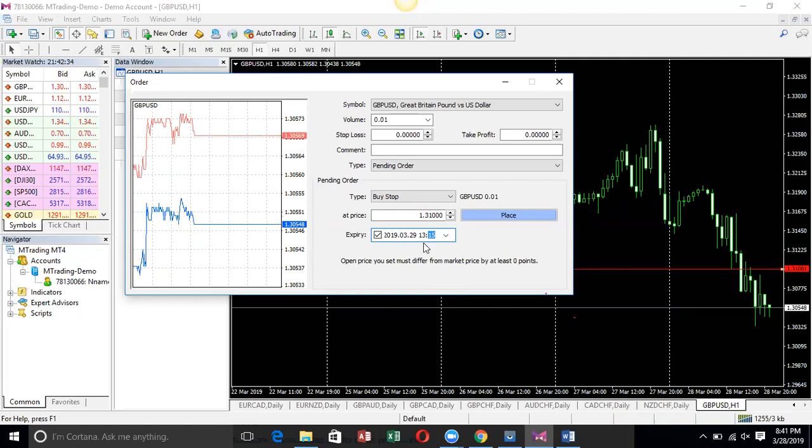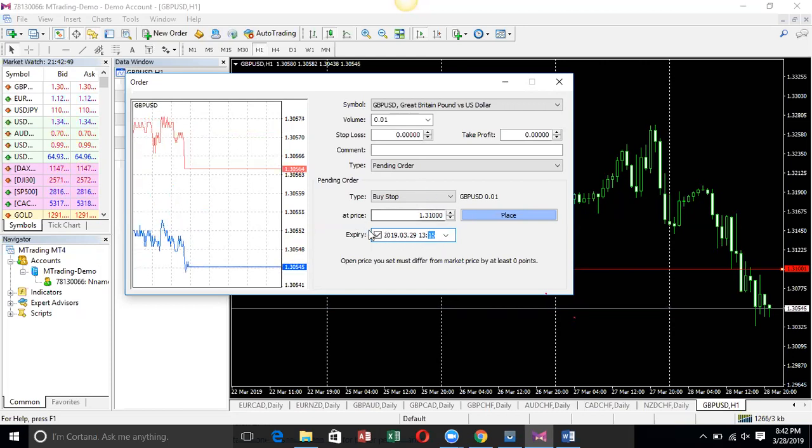If I check it like this, it means by tomorrow, 29th of March 2019, by 13:15, if the price did not get to my ask price, let this trade expire. But if I don't want it, I will uncheck it and leave it as it is. That is the function of this expiry.